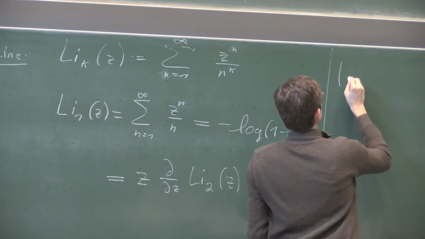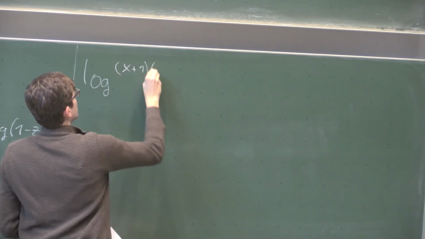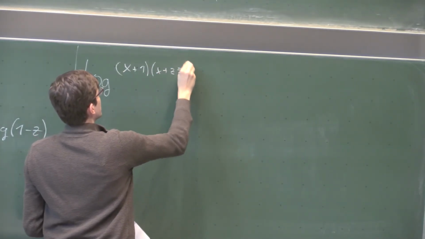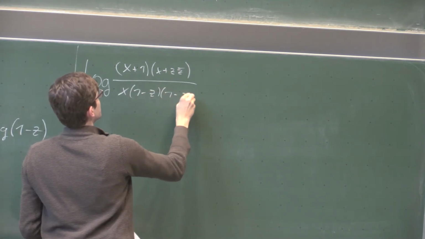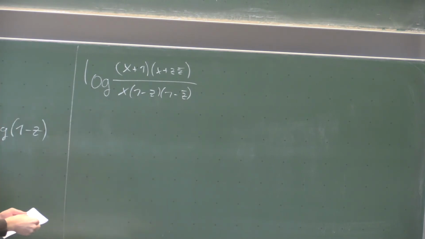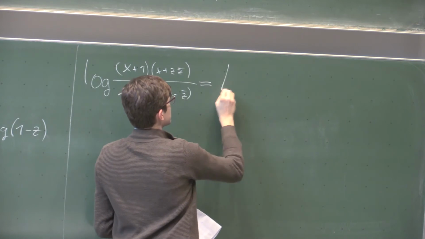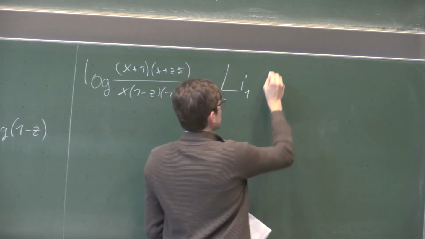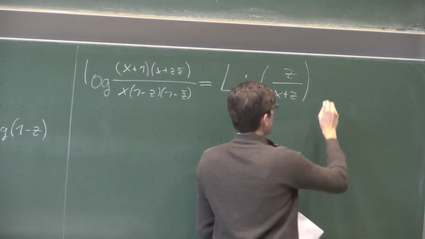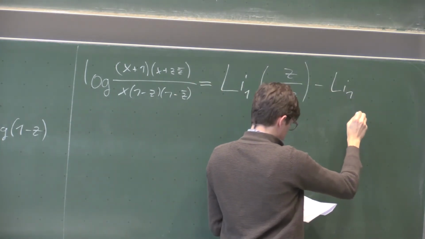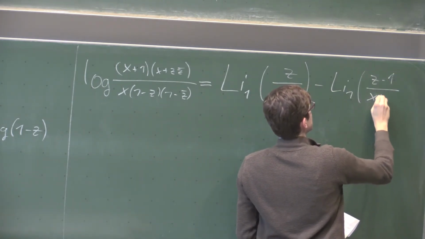So you find, if you take this logarithm that we have, (x plus 1)(x plus z bar) over x times (1 minus z)(1 minus z bar), then you can rewrite this as follows. It's Li_1 of z over x plus z, minus Li_1 of (z minus 1) over x plus z.